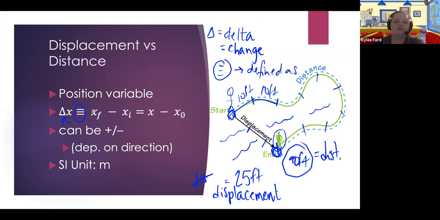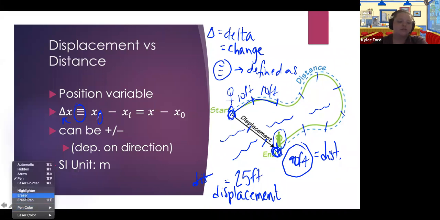So my change in position is defined as our final position, x sub f, a little subscript, minus our initial position. So our displacement, delta x, is defined as x sub f minus x sub i.